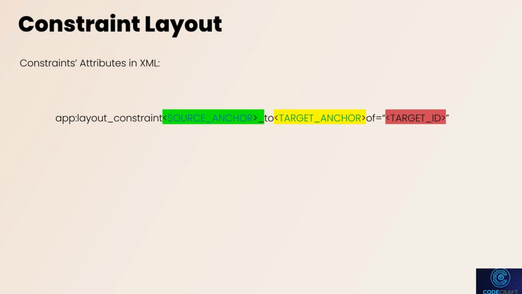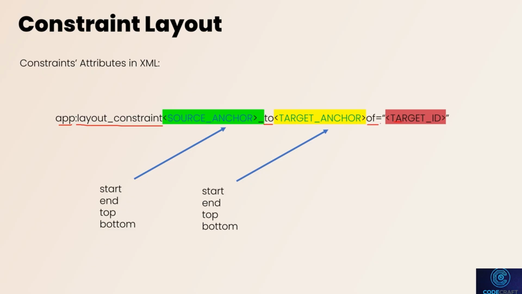This is the general syntax of defining constraints in XML. We start with app, layout constraint, and we need to specify the source anchor, which is start and top or bottom. Then we have to specify the target anchor, which is in this case start and top or bottom of, equals to the target ID, which in this case can be the ID of any view or the parent.